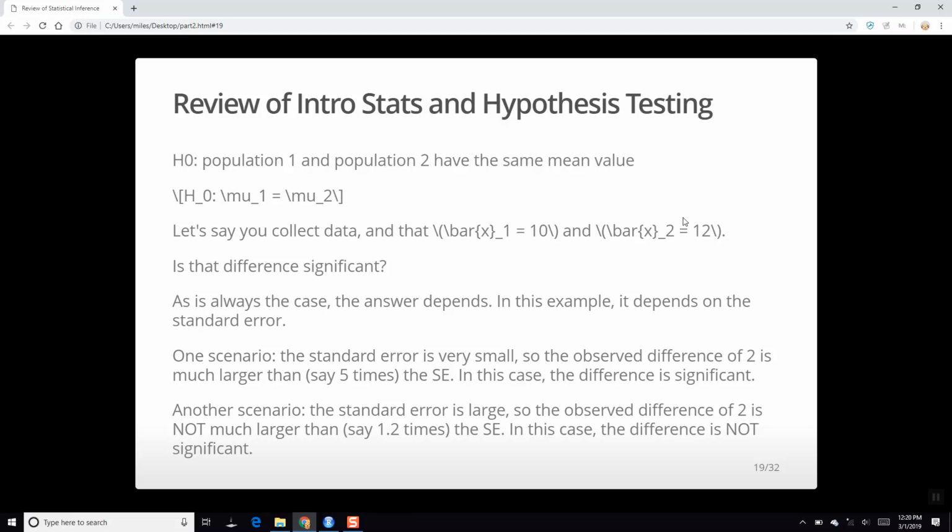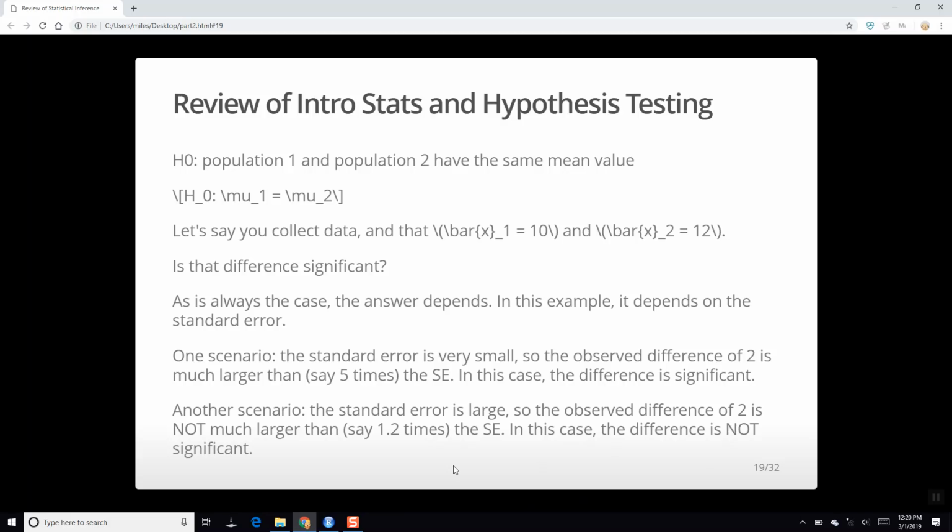One possibility is that the standard error calculated from our samples is very small. In that case, the difference of 2 is much larger than the standard error, and we would say the difference is significant. On the other hand, the standard error could be quite big, so the difference of 2 is not much larger than the standard error, and we would say the difference is not significant.